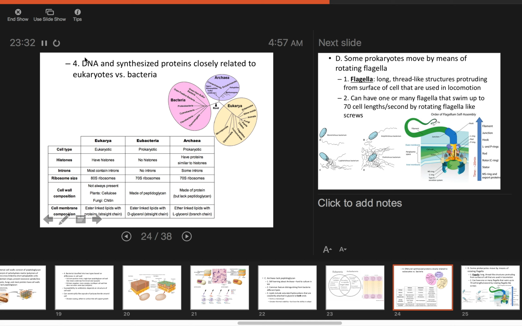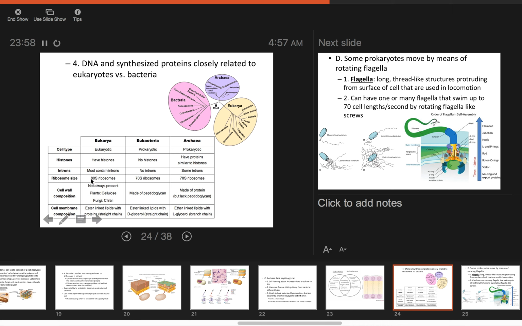When you look at their DNA and the proteins that are made, they actually resemble eukarya more closely, organisms that have a nucleus. So now we think that it was bacteria and then eukarya, and from there maybe it branched into eukarya or archaea, or maybe it's vice versa: cells branched into bacteria, archaea, and then eukarya derived from archaea.